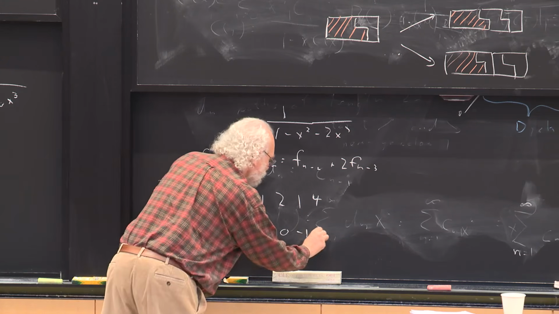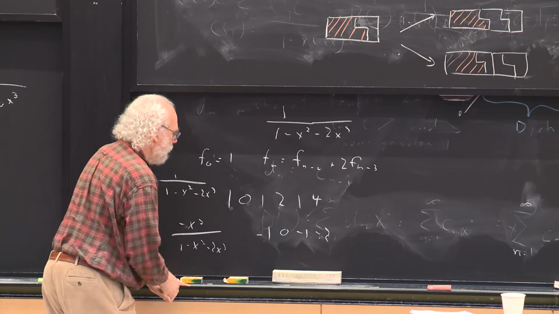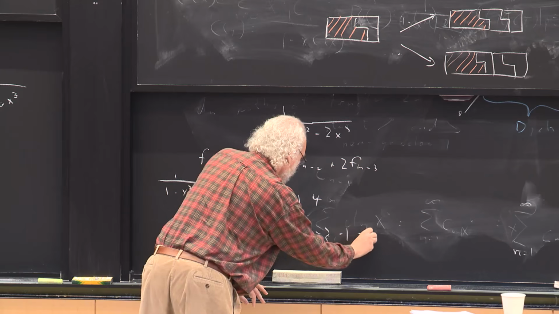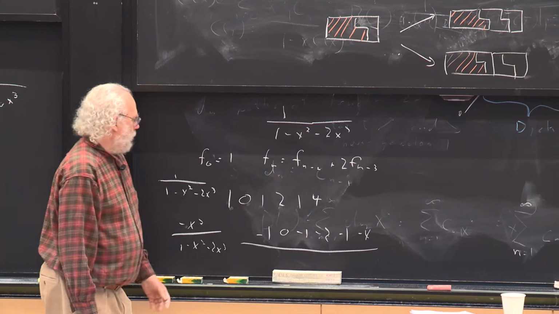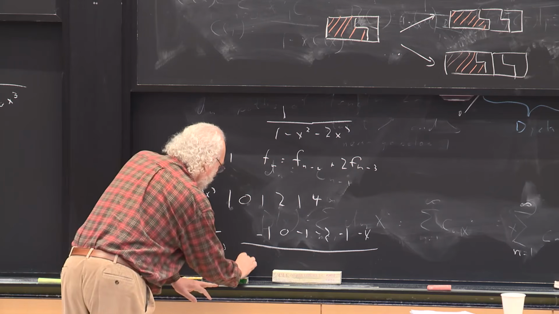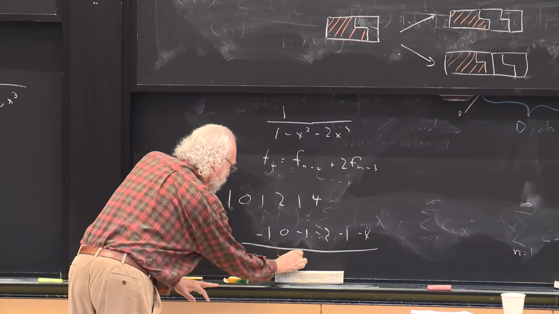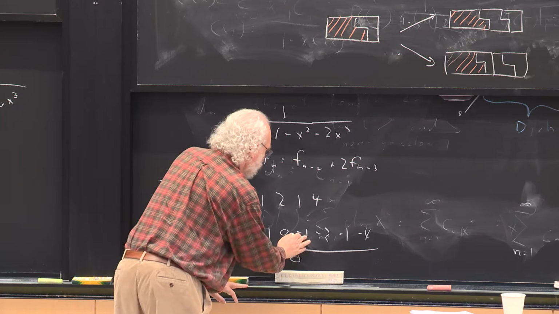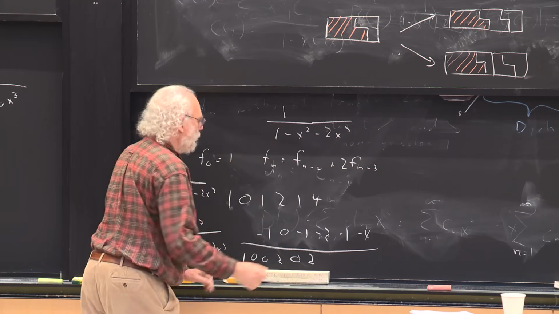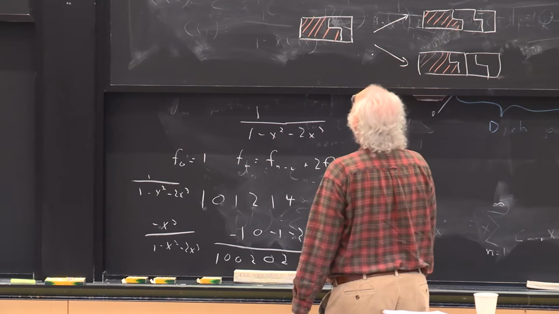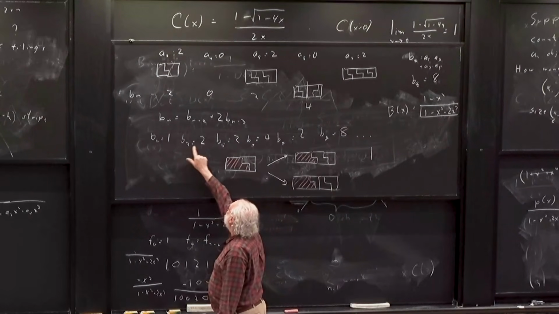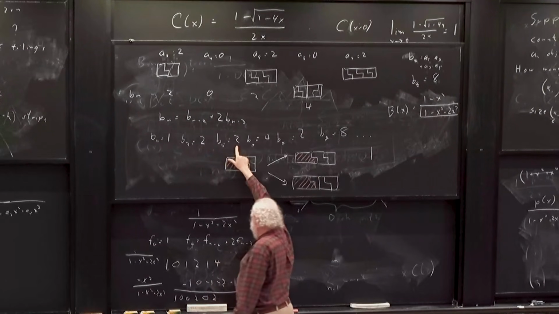The next one was -2, and -1, -4. And then when you add them up, you actually get the sequence of f sub i. So that gives you 1, 0, 0, 2, 0, 2, etc.